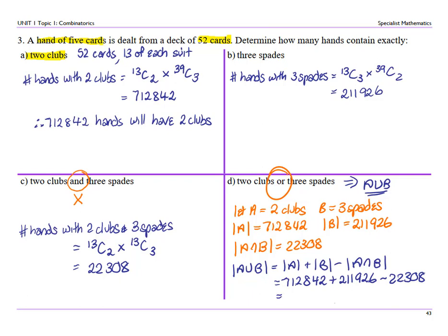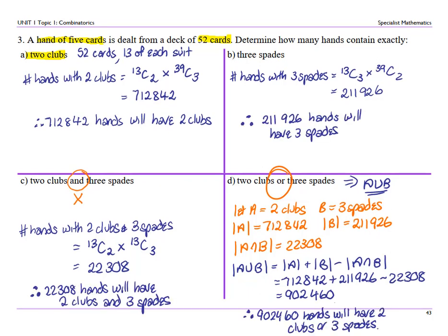And that gives us 902,460. And don't forget your therefore statements, which I have. So I've gone through and added all my therefore statements.